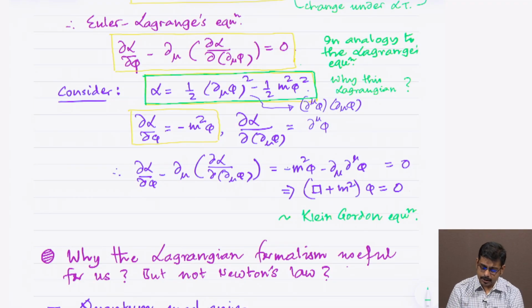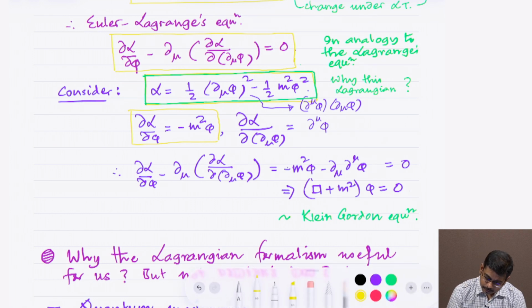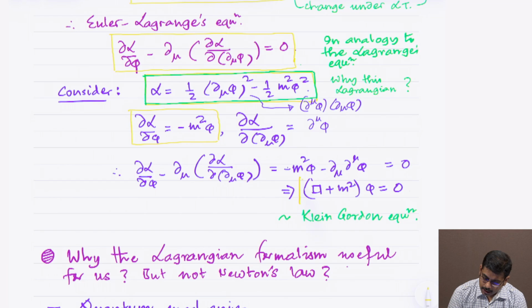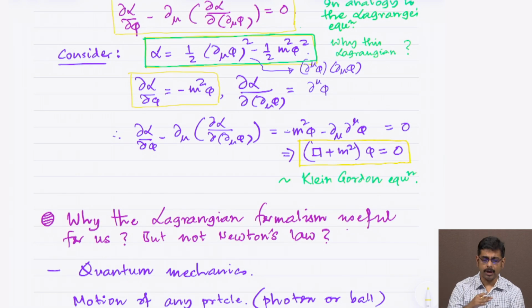But for the time being, it is good enough for us to observe that this is the Lagrangian for one of these relativistic equations that we obtained, the Klein-Gordon equation. So, the Lagrangian for scalar fields can be written in this particular way with the kinetic and the mass terms. And of course, you can dress it up further.